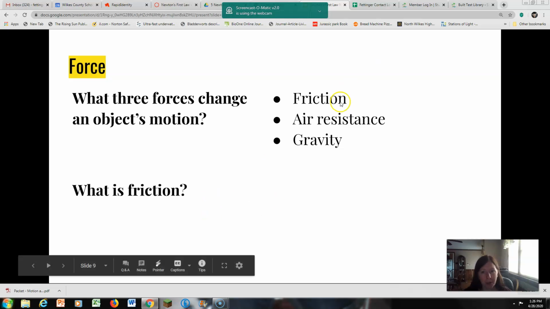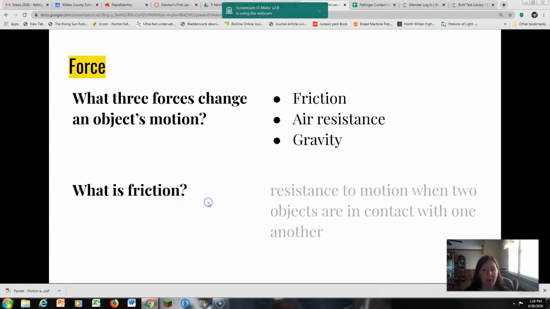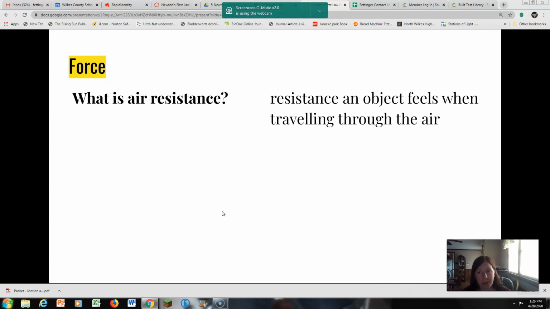So we're just going to define the three first before we go into specifics. The first one is friction, and friction is a resistance to motion simply because objects are touching each other. So if we have a book sitting on a counter, there's friction there simply because the book is touching the counter. Air resistance is resistance because an object is traveling through air, and that air is going to slow it down.